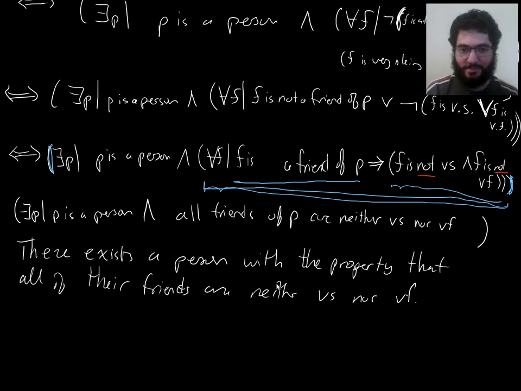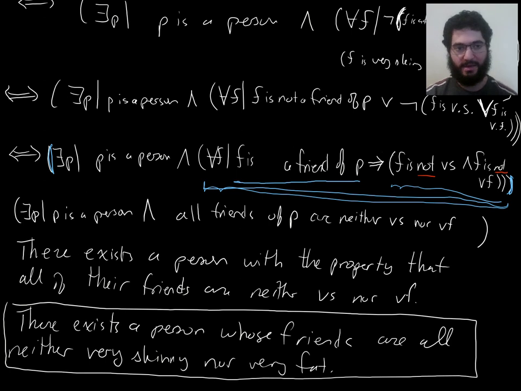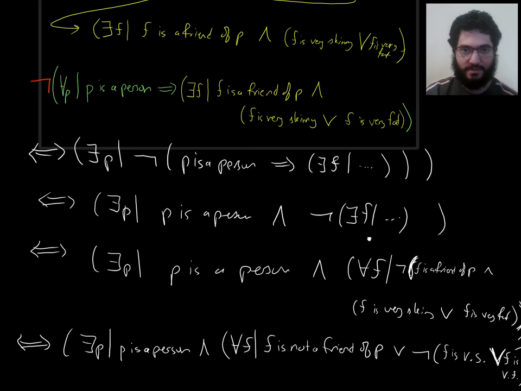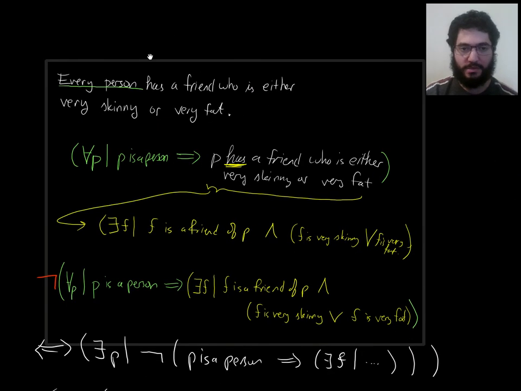Okay, and then this is still a little bit awkward. There exists a person with the property that all of their friends are neither very skinny nor very fat. People don't talk like that. Maybe we could say there exists a person whose friends are all neither very skinny nor very fat. Like that. And I hope also that you can intuitively feel that this is a negation of what we started with.